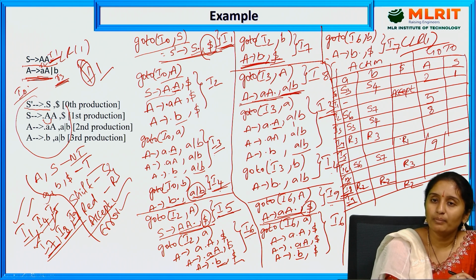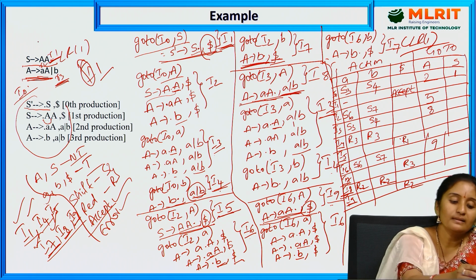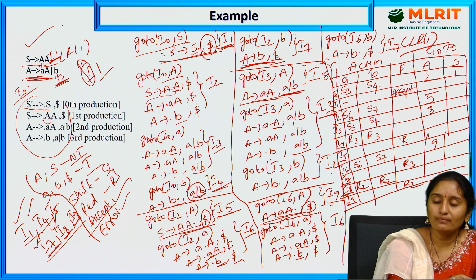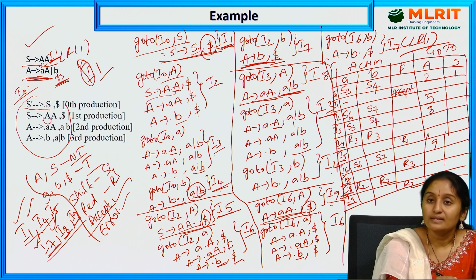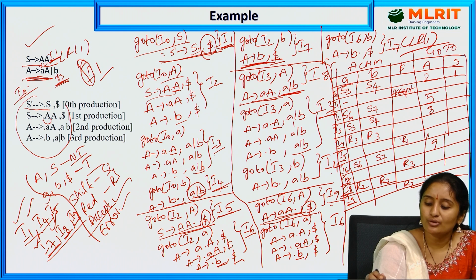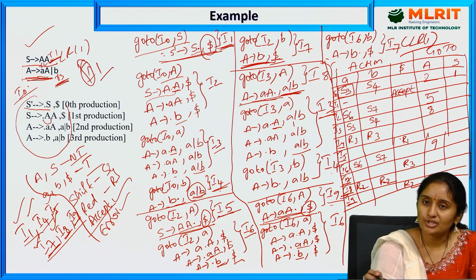CLR of one parsing table. So we can tell that for the given grammar, we can construct the CLR of one parsing table. For some grammars, we cannot construct the CLR of one parsing table or any parsing table, because in each column we should have only one action, either shift or reduce. Both should not be there.